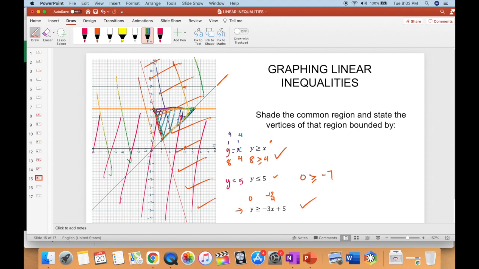This is the region here that is common to all of it. So these are the vertices that you would read off of your graph to find the points for that.